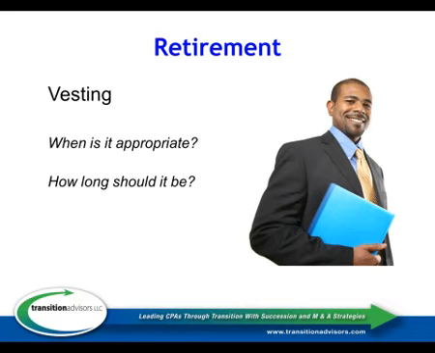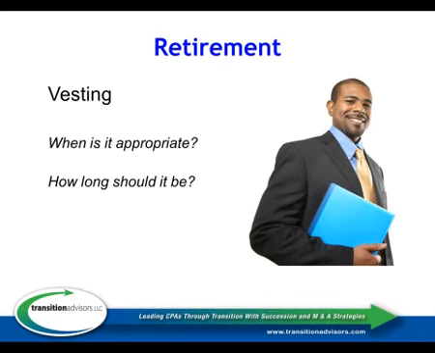So it's appropriate to set up a vesting schedule that would basically say, look, we're going to bring you in, but we're going to count on you being here in the long run. We see vesting schedules running anywhere from 10 to 20 years in terms of tenure, and usually age 55 minimum, oftentimes age 60 minimum, before any kind of retirement benefits are appropriate. So it would be appropriate, for instance, to have a schedule of 10 to 15 years, and at that point in time, a partner might become 50% vested in a benefit.